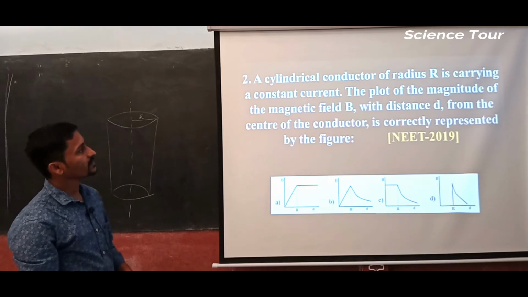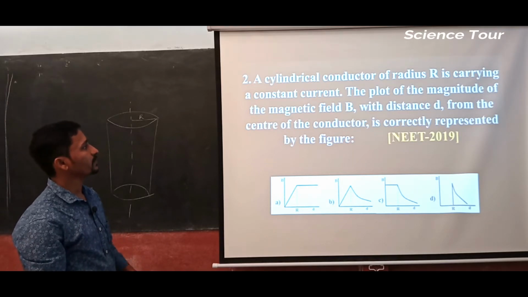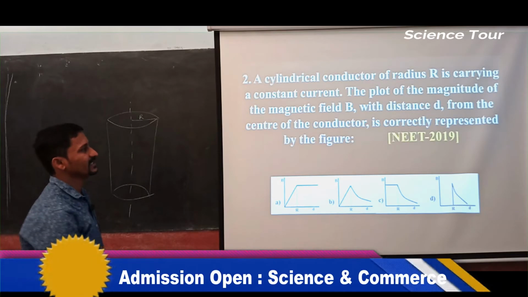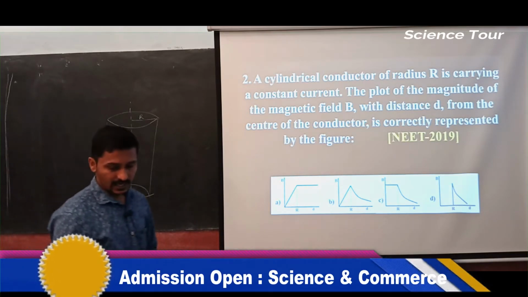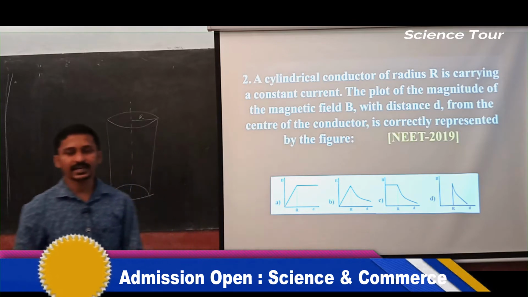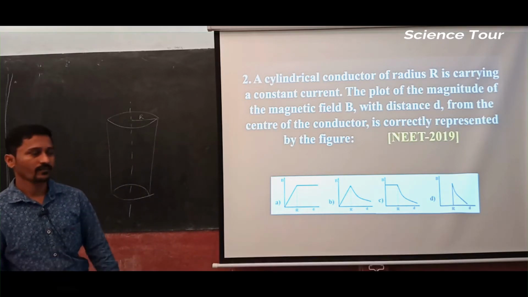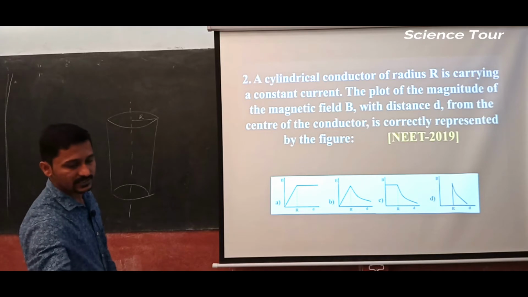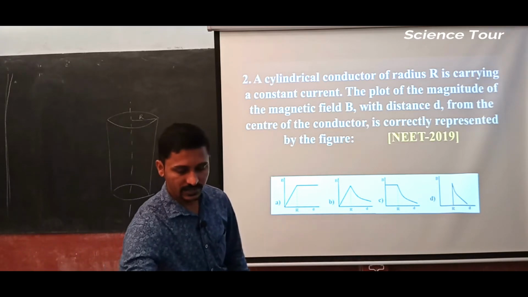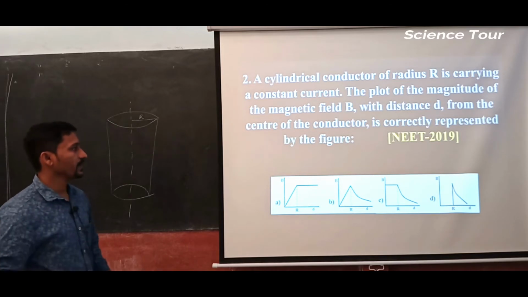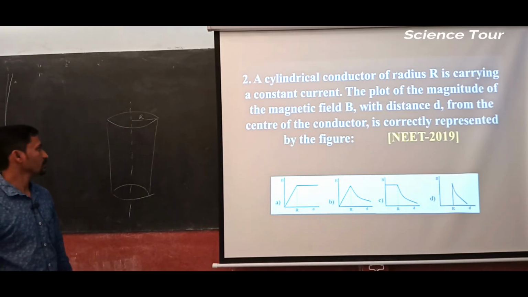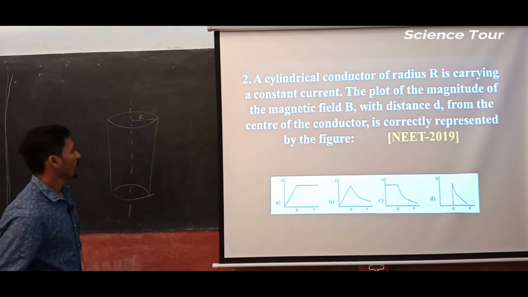The plot of the magnitude of the magnetic field B with the distance from the center of the conductor. Now what happens in the cylindrical conductor about the magnetic field? On the surface it is maximum.